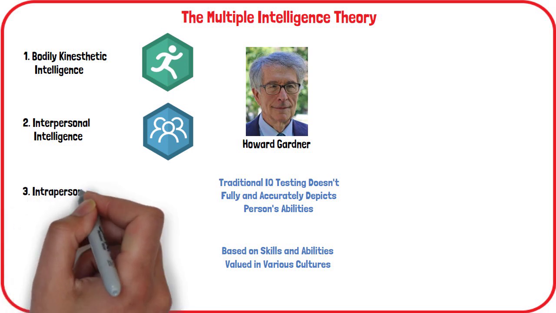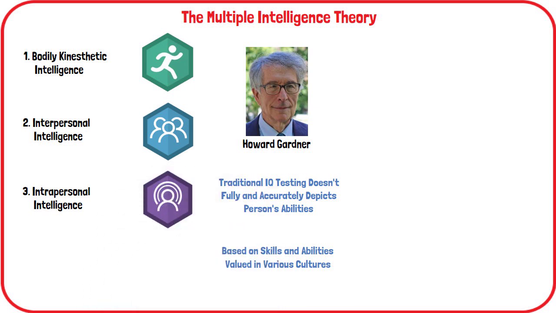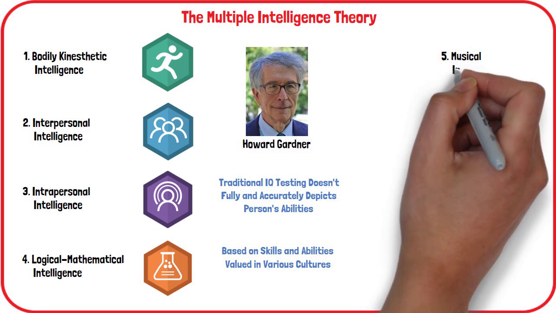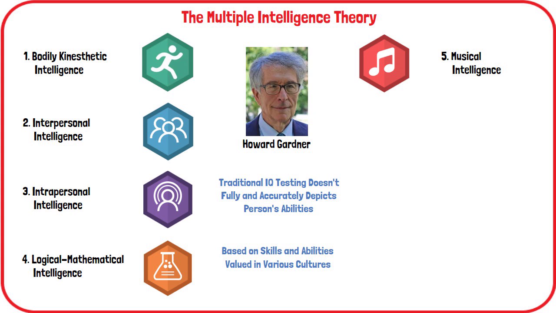3. Intrapersonal intelligence, the capacity to be self-aware and in tune with inner feelings, values, beliefs, and thinking processes. 4. Logical mathematical intelligence, the ability to think conceptually and abstractly, as well as discern logical or numerical patterns. 5. Musical intelligence, the ability to produce and appreciate rhythm, pitch, and timbre. 6.